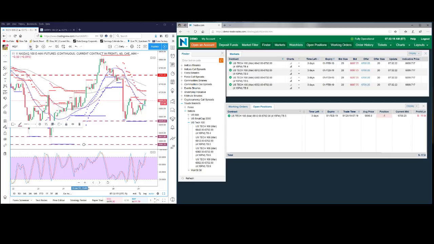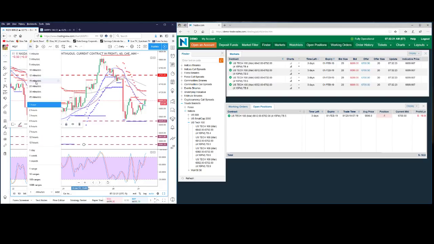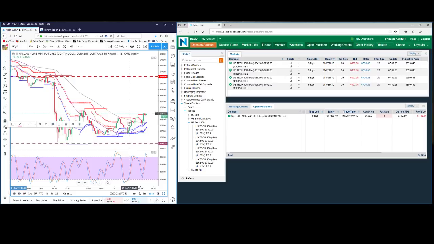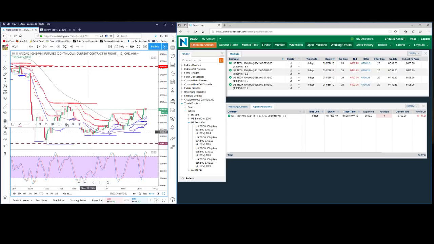You can also even come down to a 15-minute chart. What is the 15-minute chart doing? Okay. I have traded these a lot off of the 15-minute. I don't normally use a 15-minute. I normally use a 12-minute chart. In here you see the 12-minute chart.